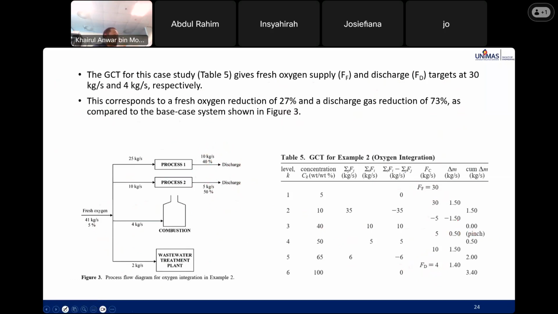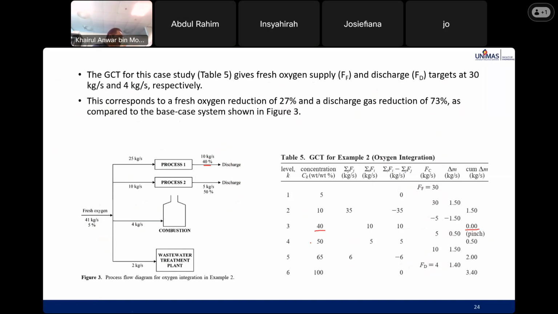The pinch here is 40%. So meaning 40% for process 1 here will be used for recycle and reuse.